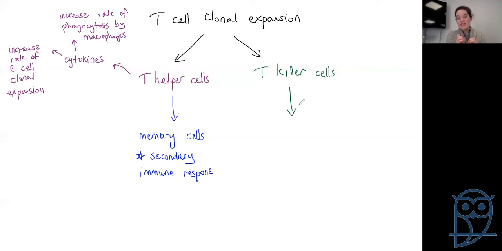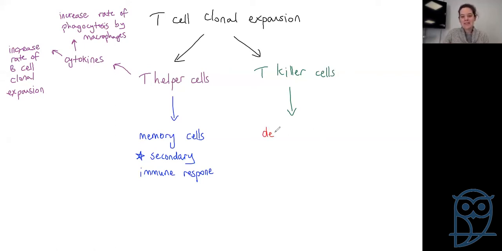Okay, so the thing is, they don't just kill randomly self cells, they destroy infected self cells, because a self cell can also present a foreign antigen. Okay, so if it's been infected, if that pathogen is hiding inside it, then the T killer cells will pick up on that and they will then destroy that one. So again, we have destruction of the pathogen. It's just that now the destruction of the pathogen is pathogen that's inside a self cell. It thought it could hide, but it couldn't escape.